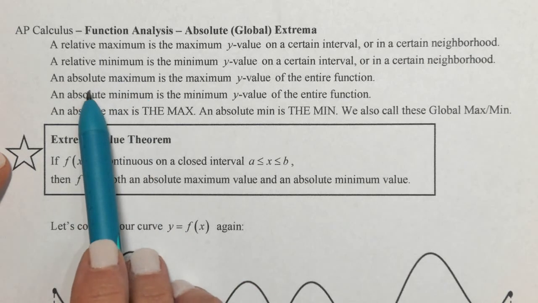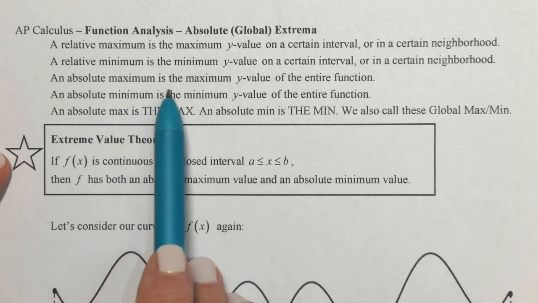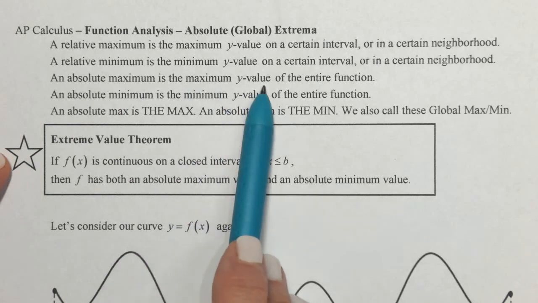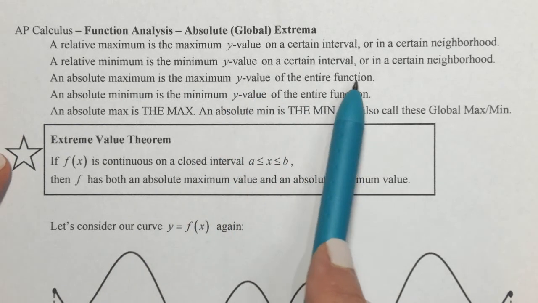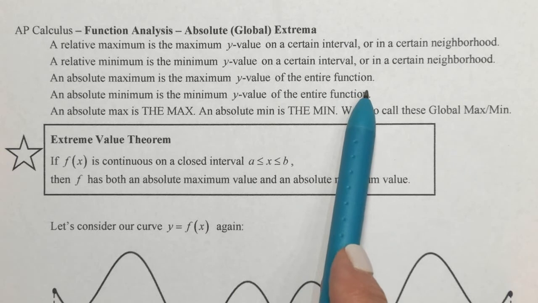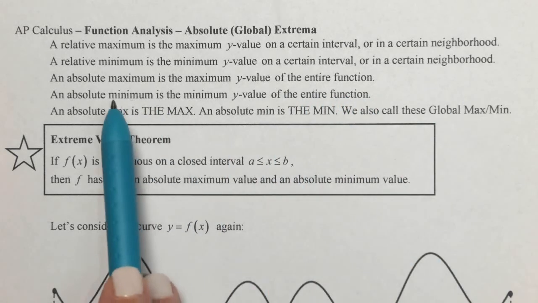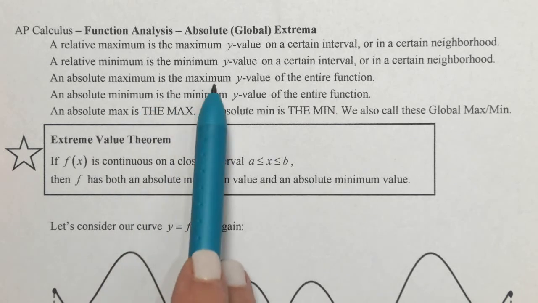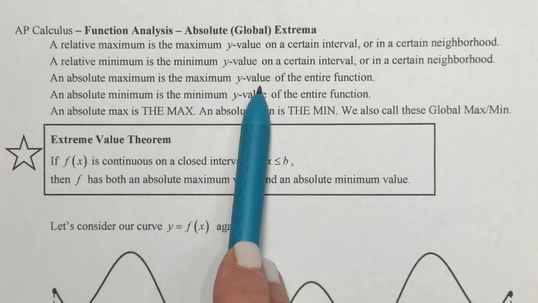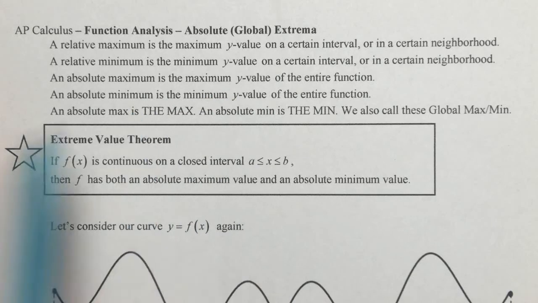The absolute maximum is the maximum y value of the entire function, sometimes on a closed interval or on the entire function. But there's only one maximum y value. Similar for an absolute minimum.